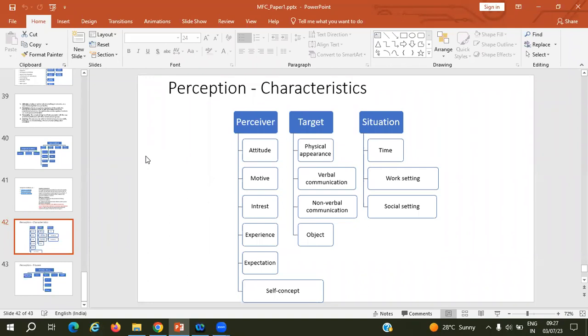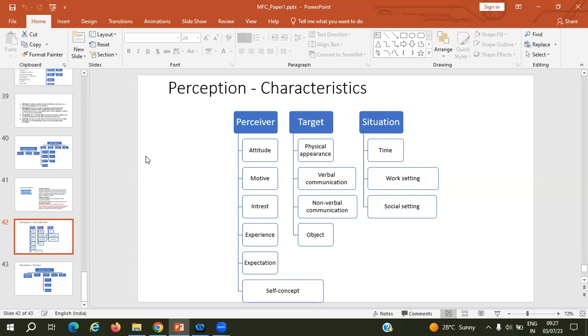Expectation. Suppose you are working in an organization, and you have certain expectations in terms of recognition, salary, whatever. If that organization is not meeting your expectation, you have a different perception of that organization.